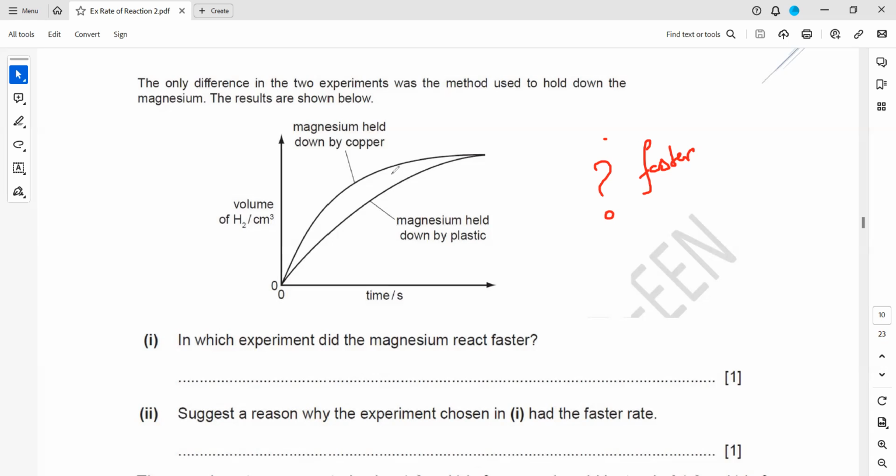When you check the final amount with copper, this was our graph, and this part appears to be a straight line.